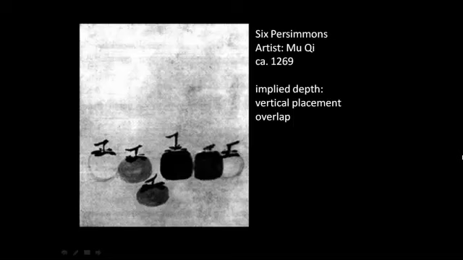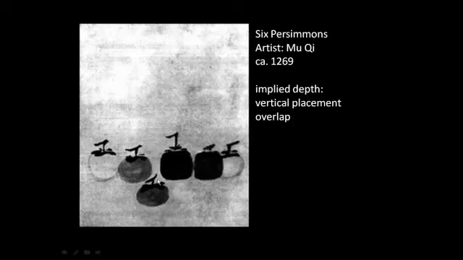We do see a brief moment of some complex space, and this is such a wonderful moment in the history of painting, and it happens in Rome. But that's not something that we really need to concern ourselves about. We're going to look at these two very simple, very straightforward techniques for applying depth, which you will see over and over and over again in this class: vertical placement and overlap.